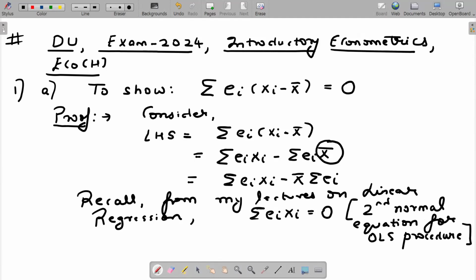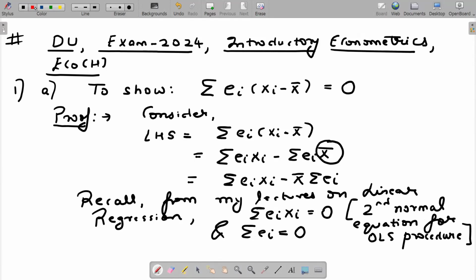Remember from my lectures on linear regression, when we conduct the OLS procedure, our objective is to minimize summation ei square, or minimize the residual sum of squares. So when you look at the second normal equation we get by conducting the OLS procedure, we get summation ei xi equal to 0, and summation ei is also 0. Again, I've shown this in my lectures on linear regression that the sum of all the residuals is 0.